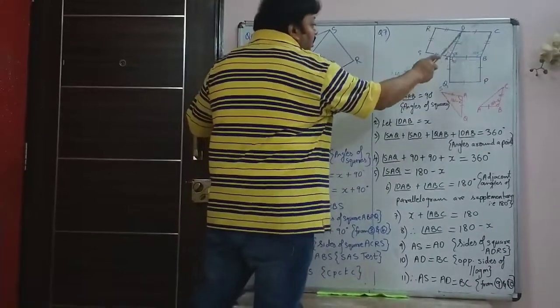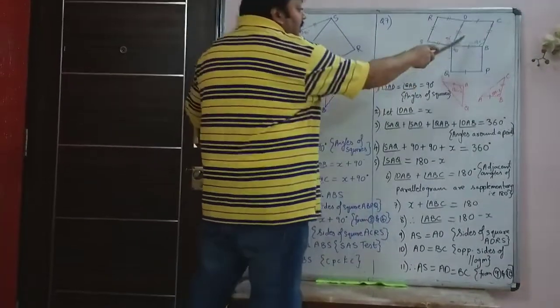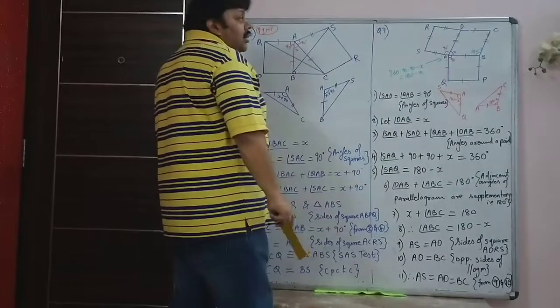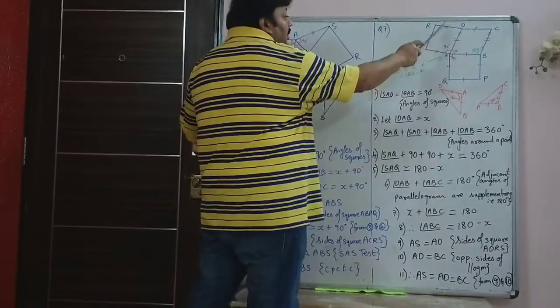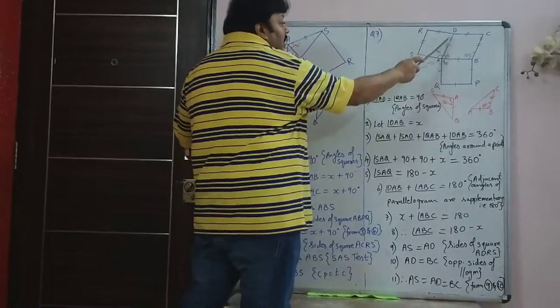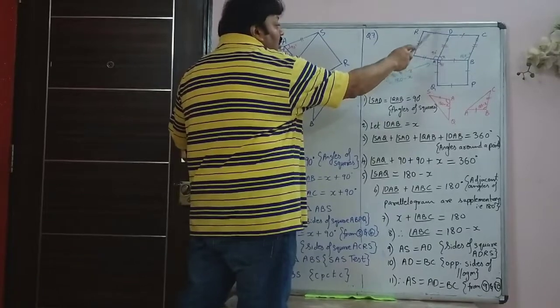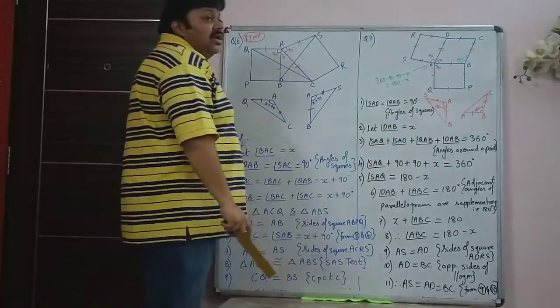And then AB is equal to DC, for which I have used another symbol, a single line. Then you are given that ADRS is a square. In a square, all four sides are equal. Already the double line was used for AD.